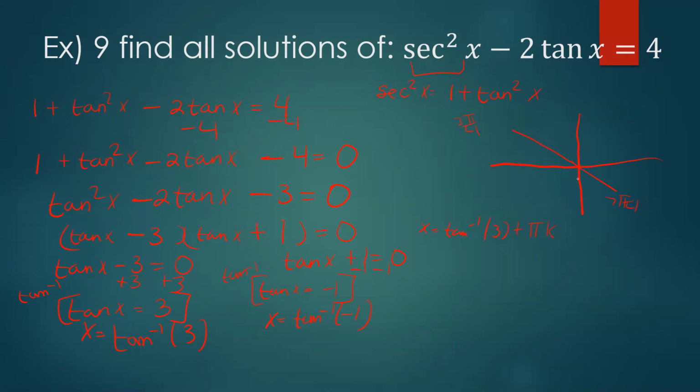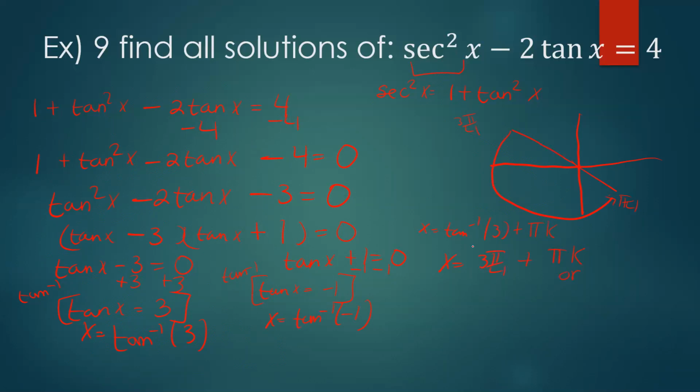You don't have to put the 7 pi over 4, because you can just say x equals 3 pi over 4 plus pi k. And you see the reason why it's plus pi k is because if you go 3 pi over 4 and then move 180 degrees, you would be at 7 pi over 4. So you don't have to do 7 pi over 4 plus pi k again. You just leave it like that.